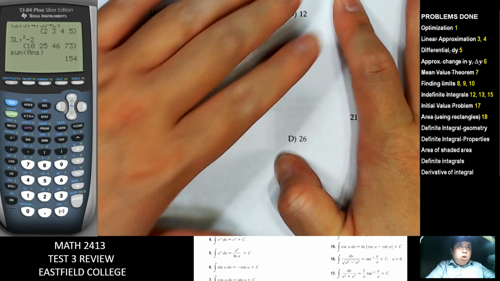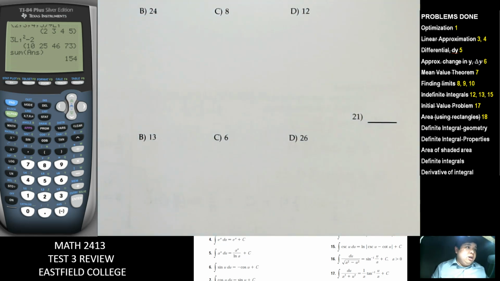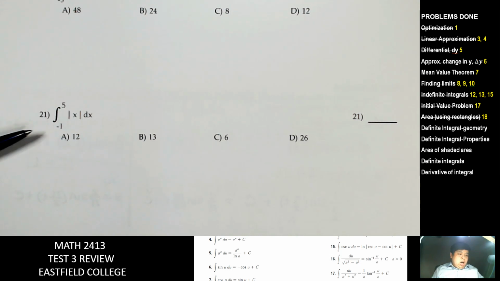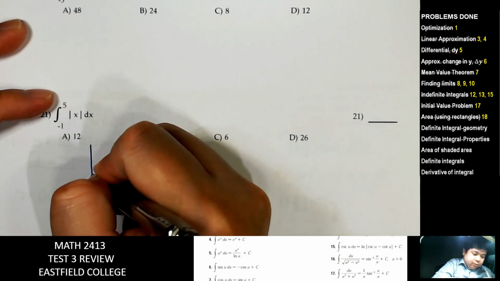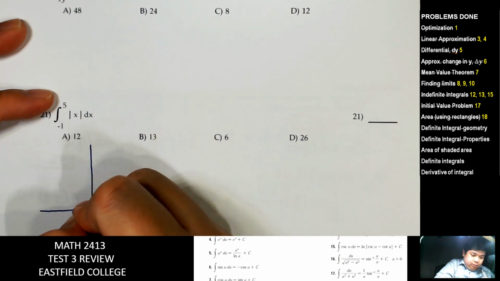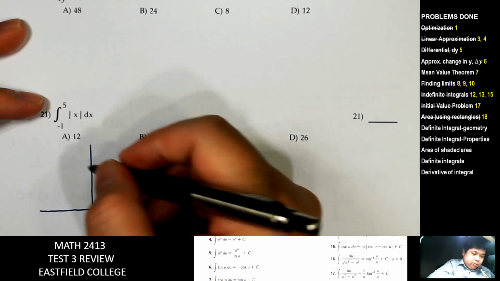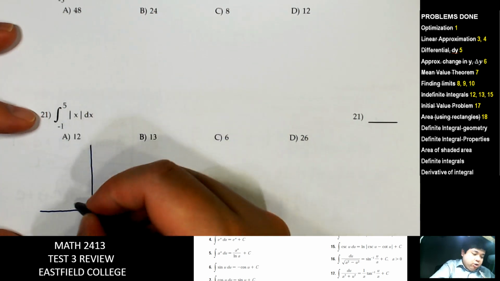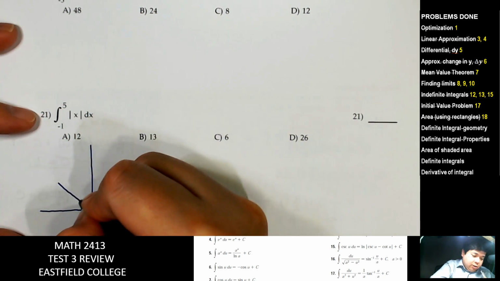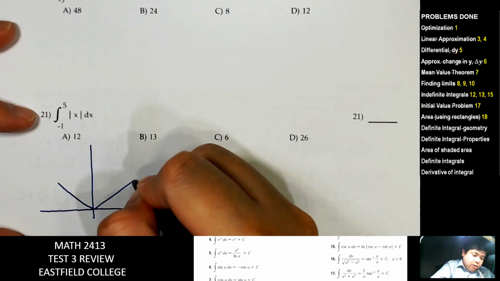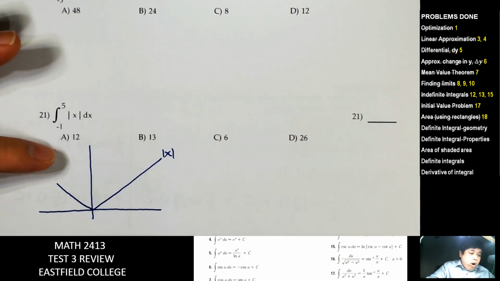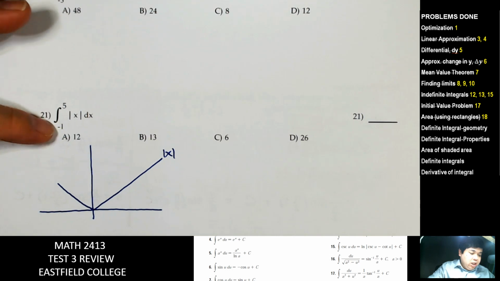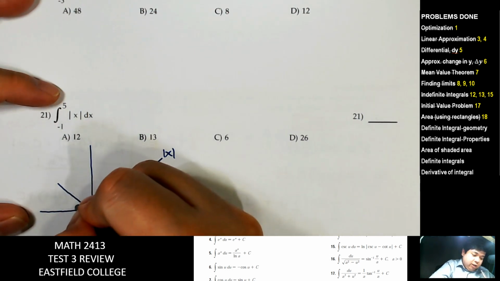Next we use geometry to evaluate the definite integral. So pretty much we just draw the function. Absolute value of x will look like this. And we want the area that goes from x equal to -1 to 5.